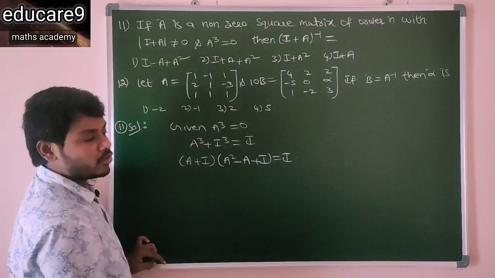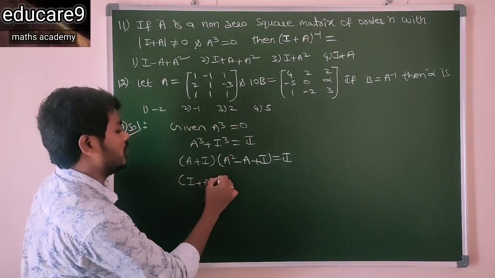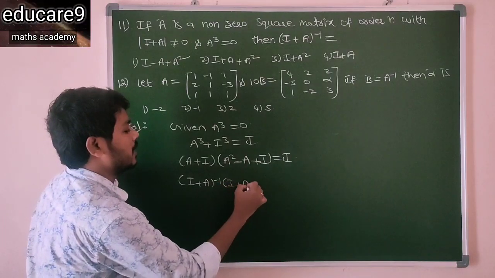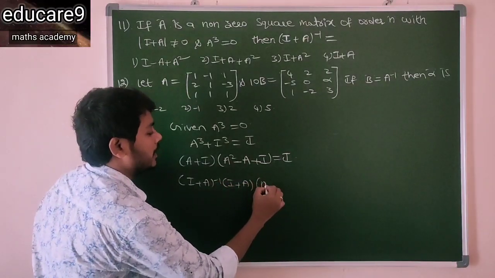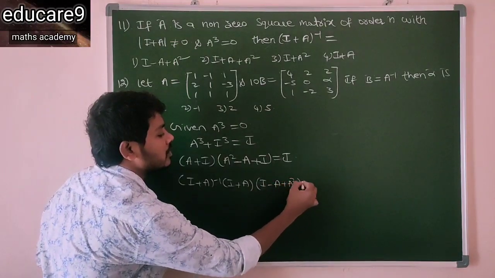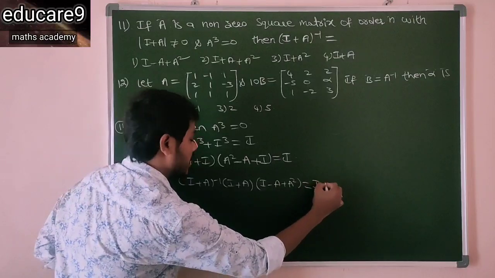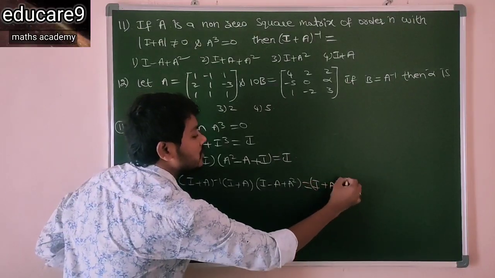Multiplying (I plus A) whole inverse on both sides. So what do you get? (I plus A) whole inverse into (I plus A) into (I minus A plus A square). So (I plus A) whole inverse into I is what? (I plus A) whole inverse.